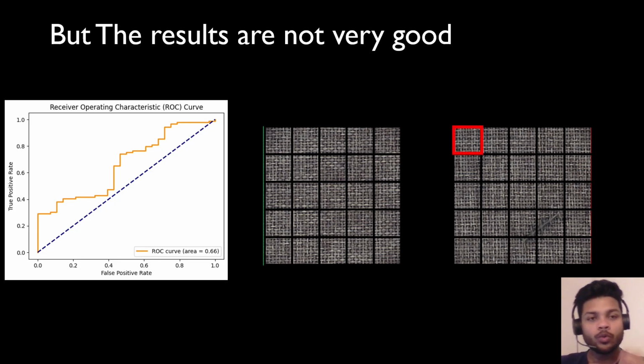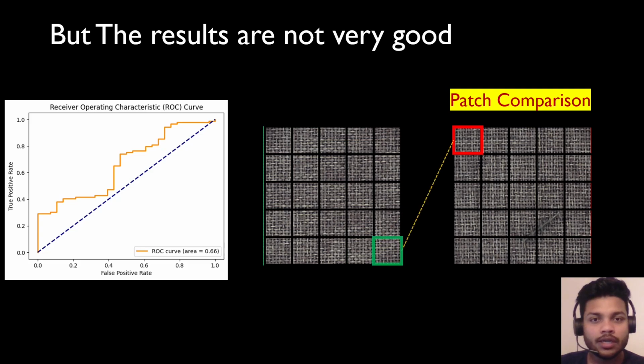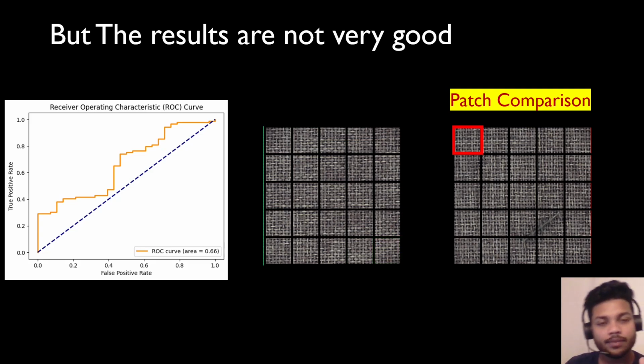So in the next step, we will take each patch of this image and compare it with the other patches of the memory bank, or normal dataset. And it will go like that. For the next one, the red patch will again be compared with each and every patch of the normal dataset, and that's how we'll hopefully get a better result than comparing the entire images. This is also known as patch comparison.